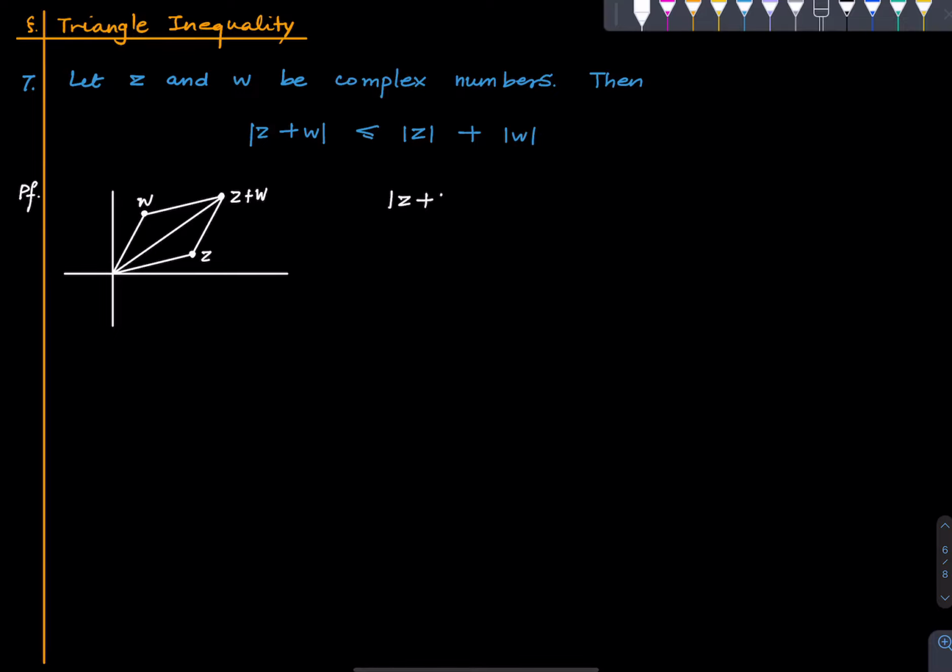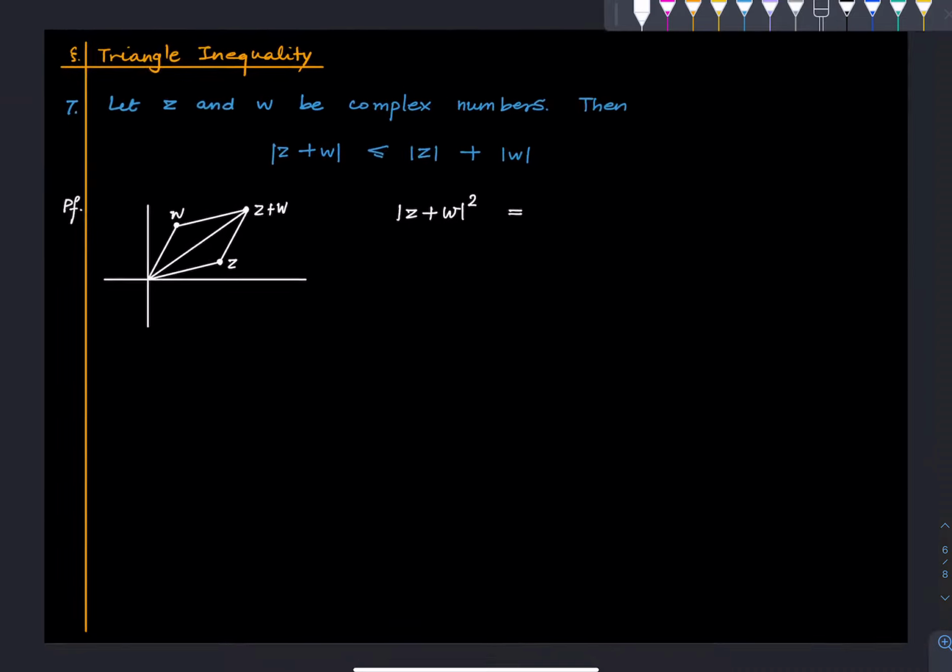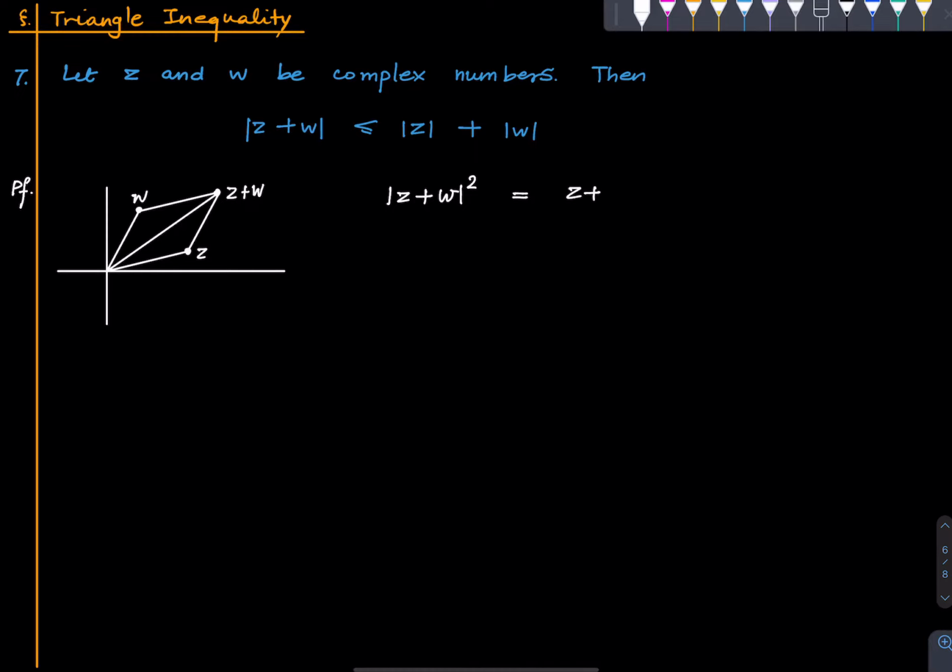So we want to estimate the size of this, and what we will do is actually estimate the size of the square of this, because squares of moduli are easy to deal with. So as we have learnt, this is z plus w times z plus w bar, but the bar distributes over addition.